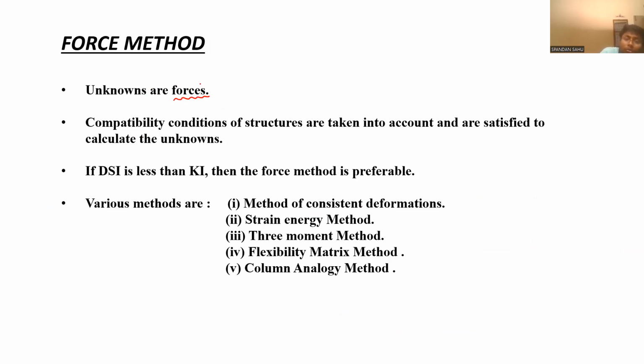After we know these forces, the analysis is simple. Suppose the DSI of a structure is, let us say, 2. If anyone tells you that two forces are redundant, suppose P1 is 1 kilonewton and P2 is 2 kilonewton.